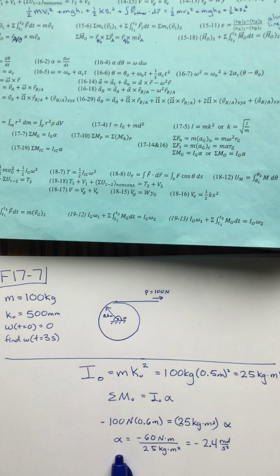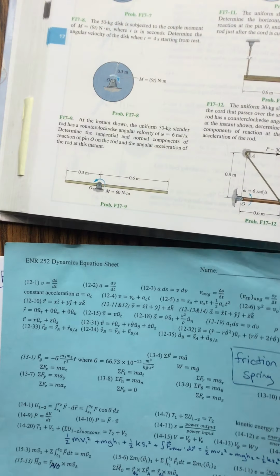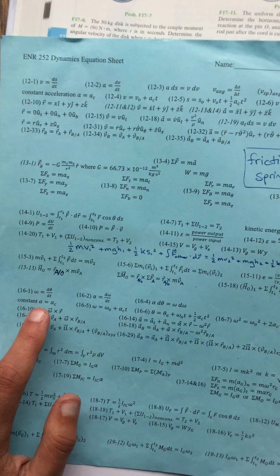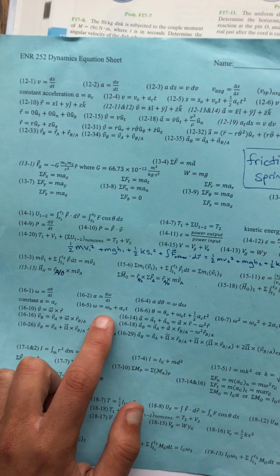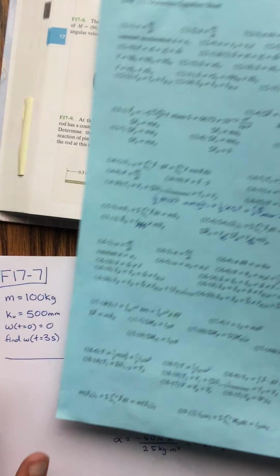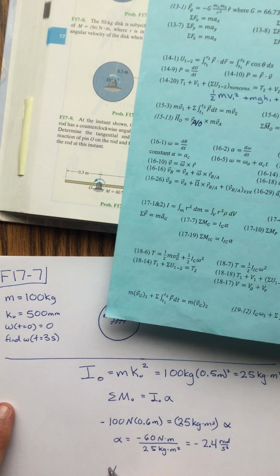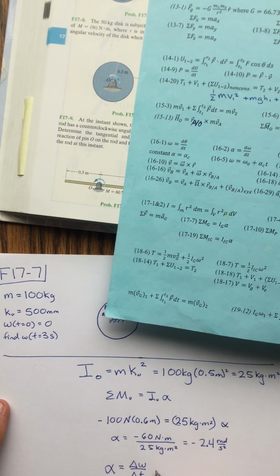So my angular acceleration is constant, and so I can go back to the equations that I had for constant acceleration here. Well, actually, I could use equation 16-2, and I can say angular acceleration is equal to change in velocity over change in time.